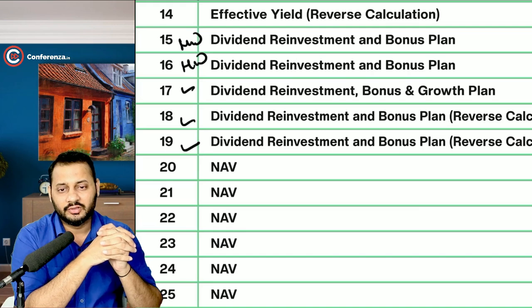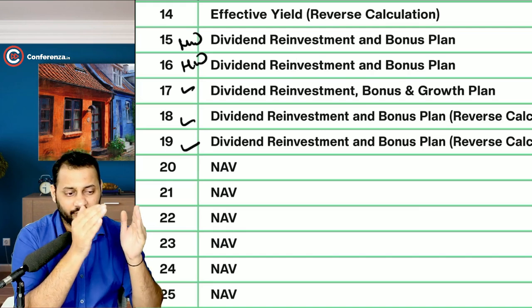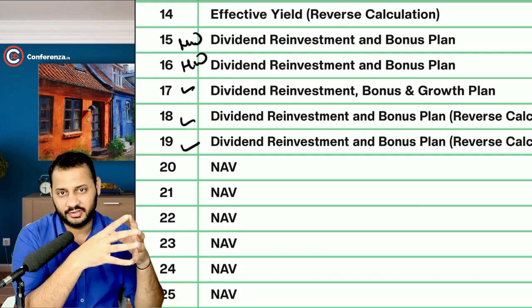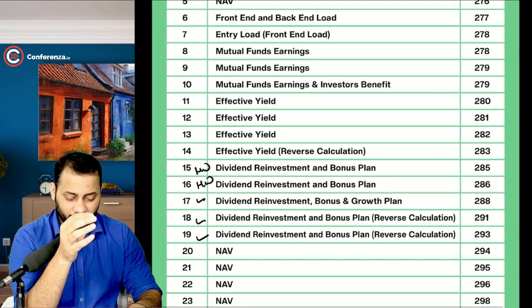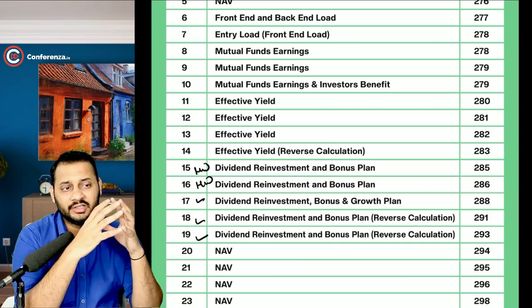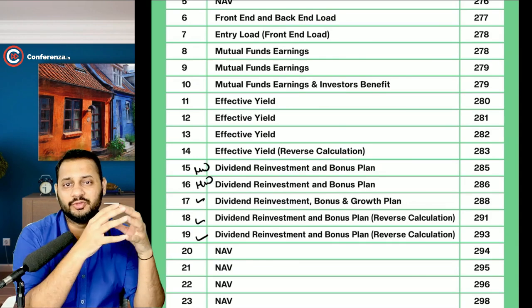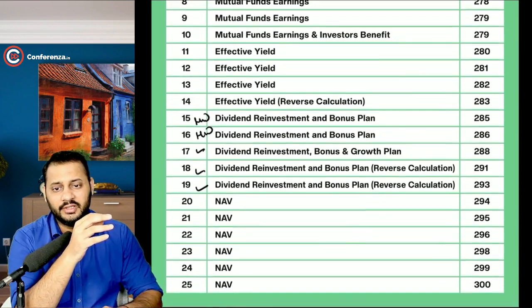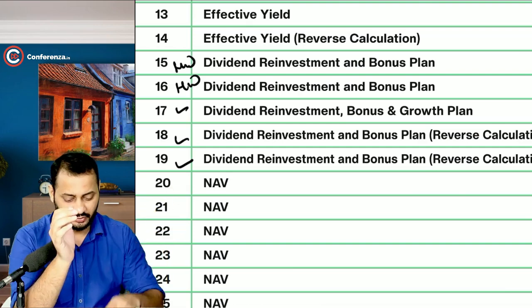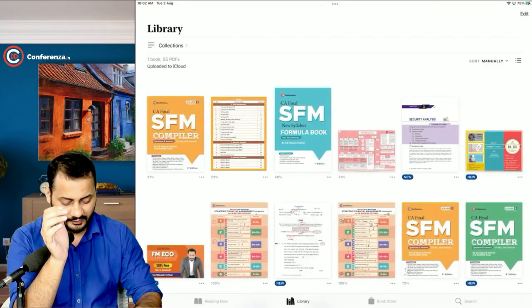So we are going to learn how to calculate the net assets. Now from this point, we are going to think from the angle of the mutual fund itself. Till this point, from question number 1 to 19, we were thinking mostly from the angle of the investor who is investing in the mutual fund. But now we will be shifting our viewpoint. That will be the mutual fund from question number 20. Have a look.